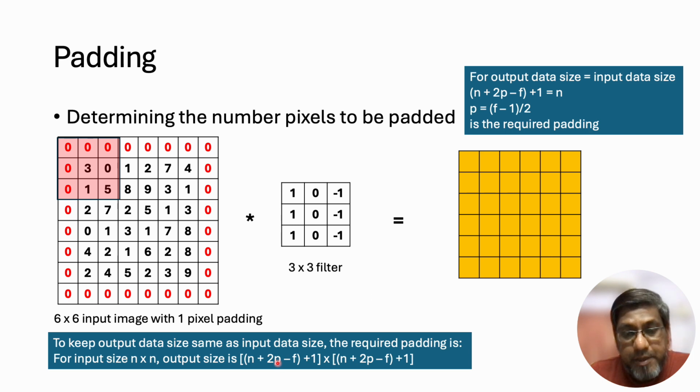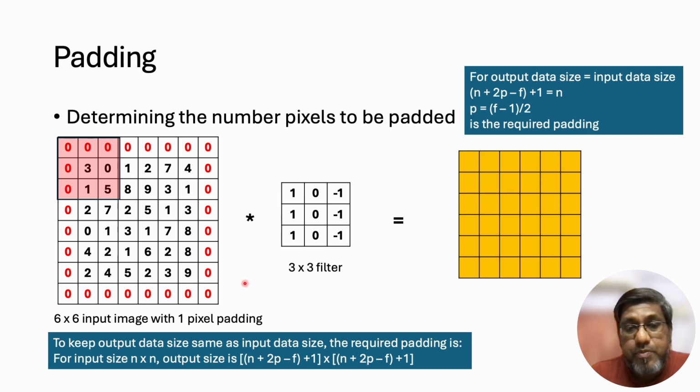So the output dimension is now going to be n plus 2p minus f, divided by the stride, plus 1. n is 6, plus 2 times 1 is 2, so 6 plus 2 is 8. And 8 minus f, where f is 3, the size of the filter is 3x3. So 8 minus 3 is 5, plus 1 we get 6 here. So the dimension for the output image is now 6 by 6.